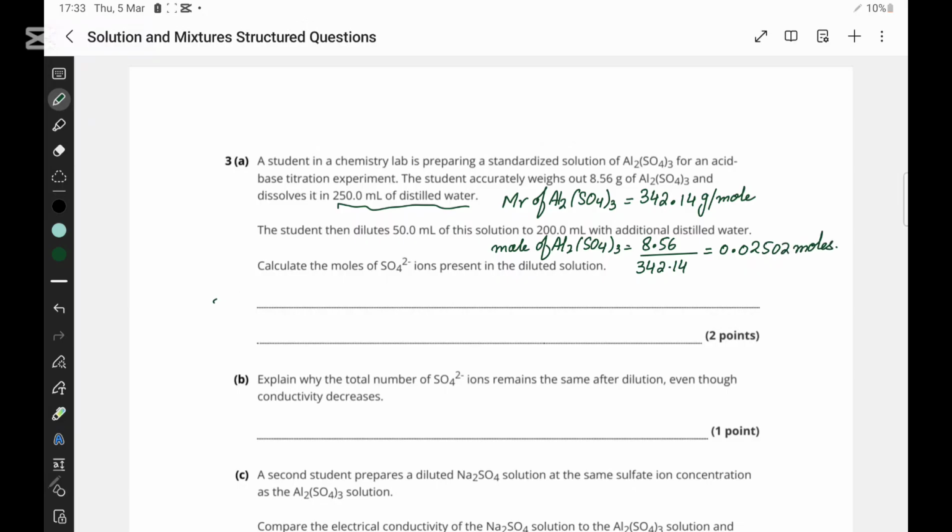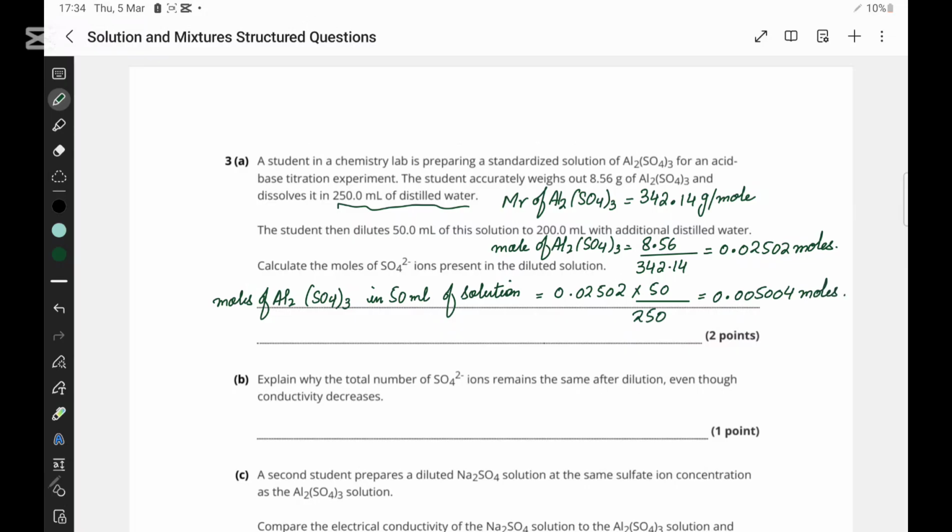And then moles of Al2(SO4)3 in 50 milliliters of solution: 0.02502 times 50 divided by 250, and that comes out to be 0.005004 moles.